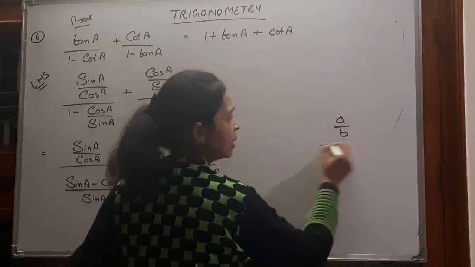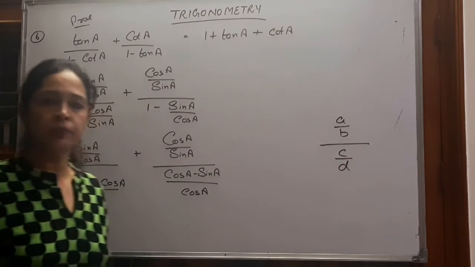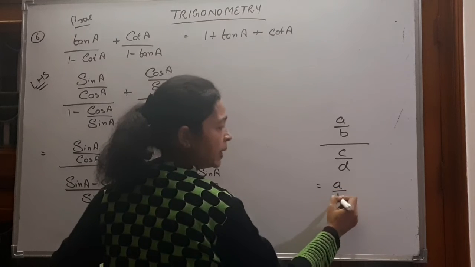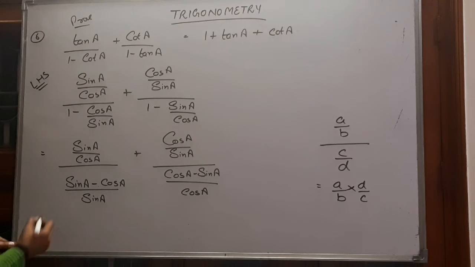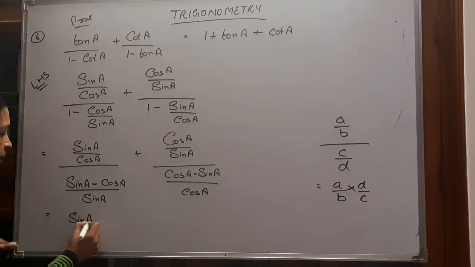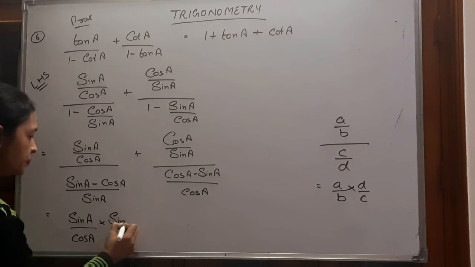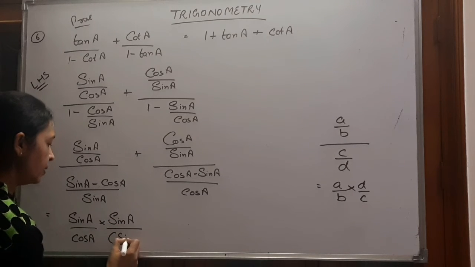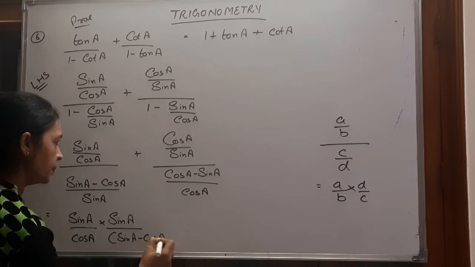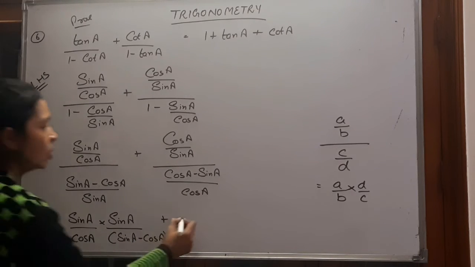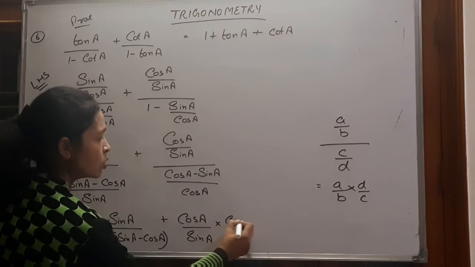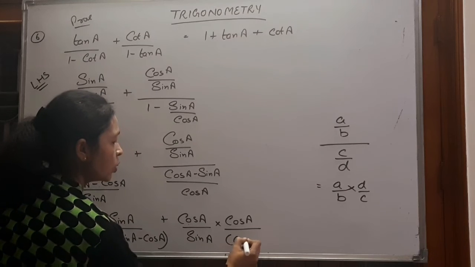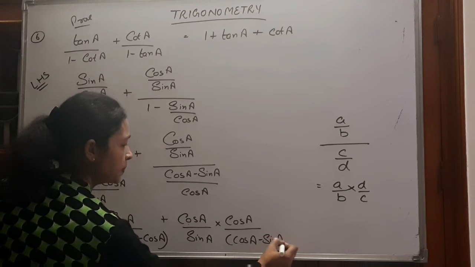If we have a term A upon B upon C upon D, we can write it as A upon B into the reciprocal of the denominator, B upon C. In the same way, we will write sin A upon cos A into sin A in the numerator upon sin A minus cos A plus cos A upon sin A into cos A upon cos A minus sin A.